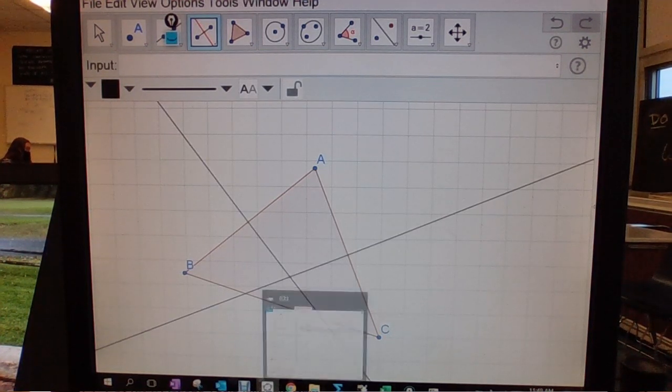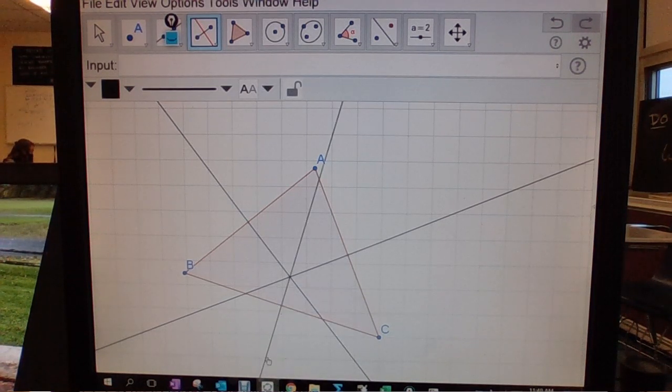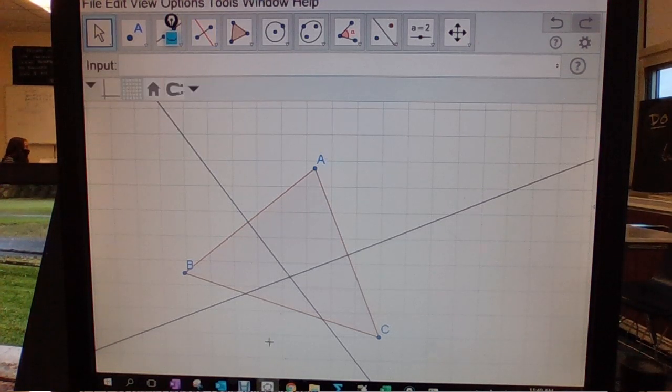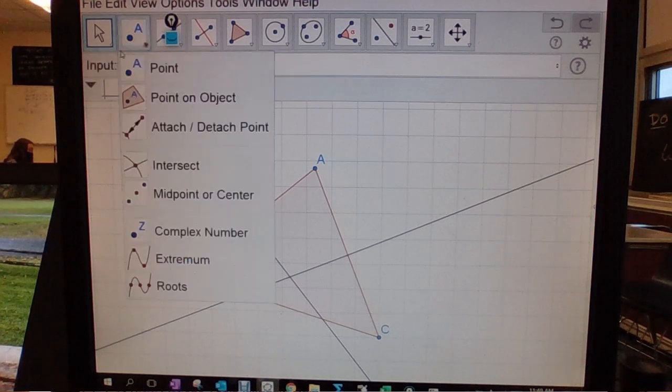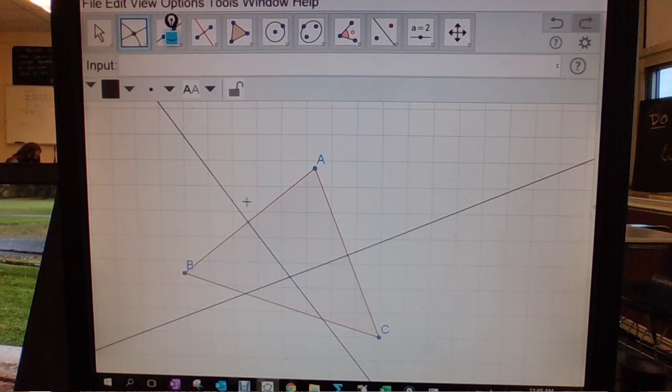Because if I have two perpendicular bisectors and they're accurate, then the third one is also going to go through that point as well. Does that make sense? Yeah. So a lot of times, just to eliminate some of the visual confusion and clutter that is created by all three, we just put any two in. Okay? But that point that it's going to create, we talked about that being the circumcenter, right?